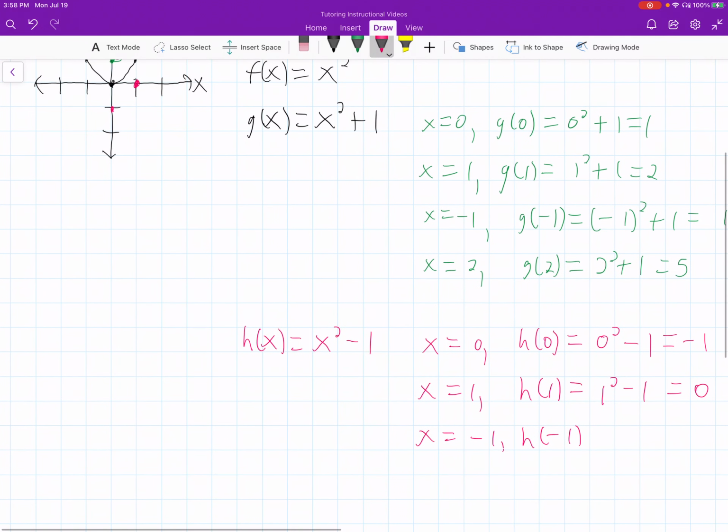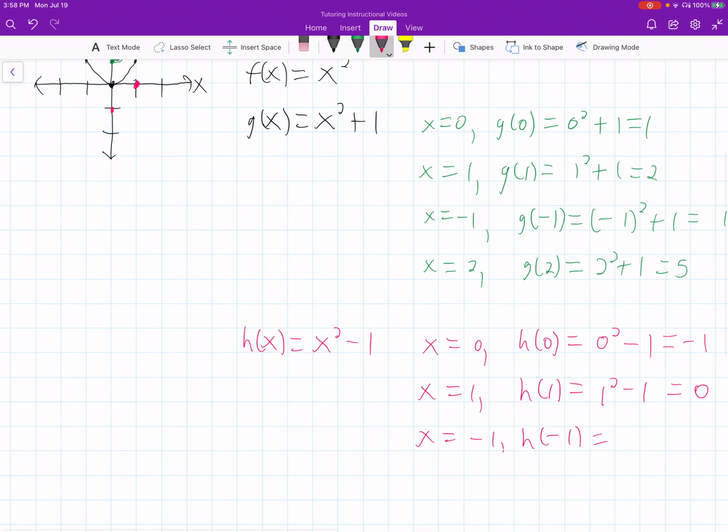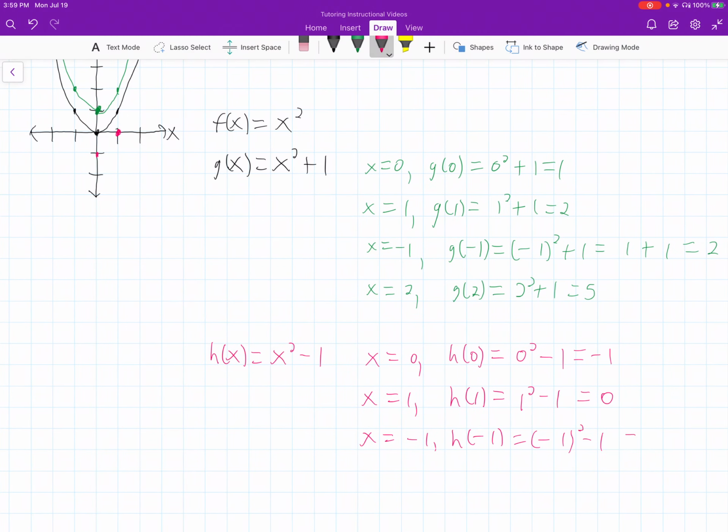let me scroll below so you can read that more easily. H of negative 1 is negative 1 squared minus 1, which is 1 minus 1, or 0. It makes sense since we're essentially squaring each x input, that when we switch the sign, we get the same output.